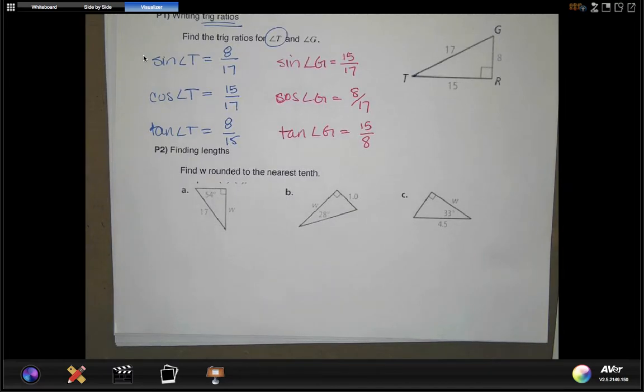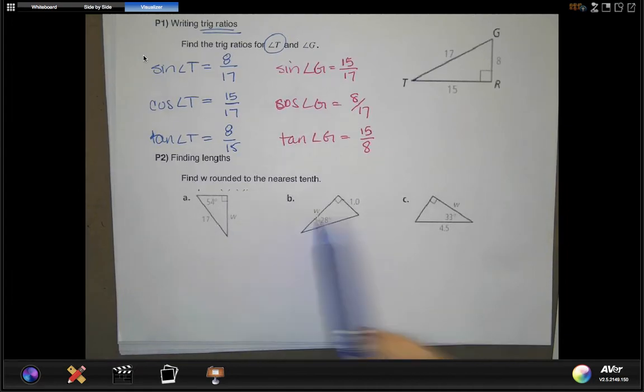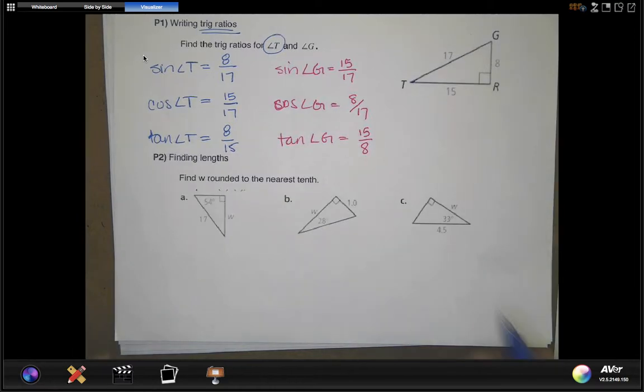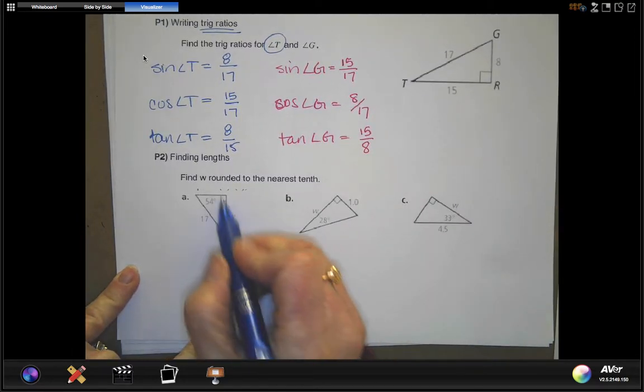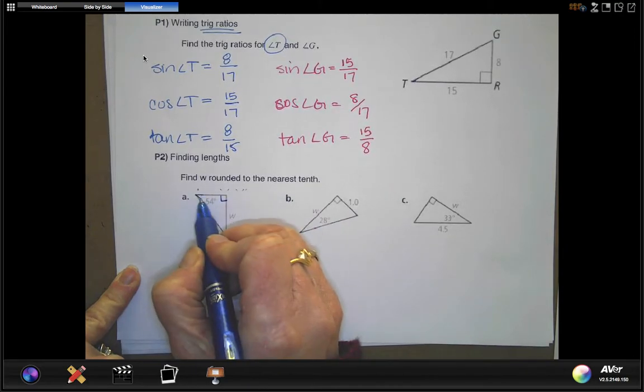All right, so those are the ratios. So what this means, though, is that we can use these ratios to help us find missing pieces. So sometimes the missing piece is just a side. So then I can use these ratios as they are right now. So if I'm trying to find a side, in this one right here, if you notice, here's my right angle. I have this angle right here.